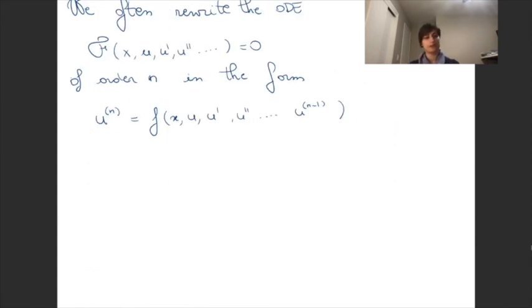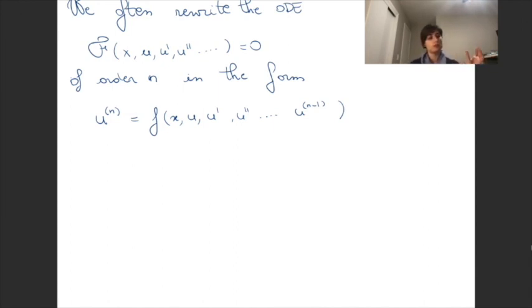In order to make things more comfortable to look at, we often rewrite the ODE that we gave in an implicit form, so F is a function of x, u, and all the derivatives of u equal to 0. We turn it around to take away the highest order and put it on the side.